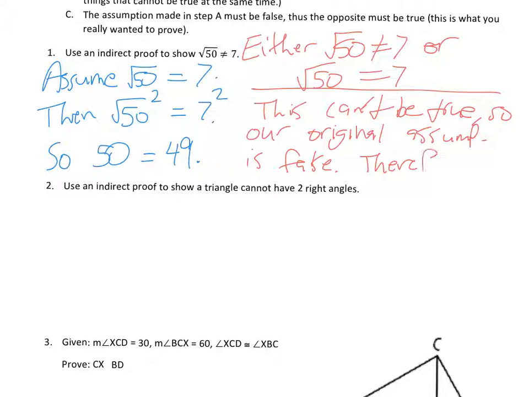Therefore, the square root of 50 does not equal 7. The original one was false, where we said they were equal. The only other option is that they're not equal. So we have, in an indirect way, proven that that cannot be true.